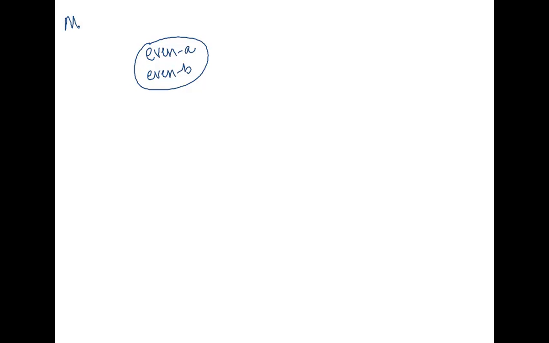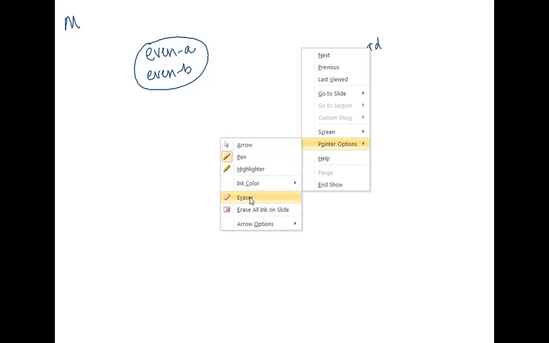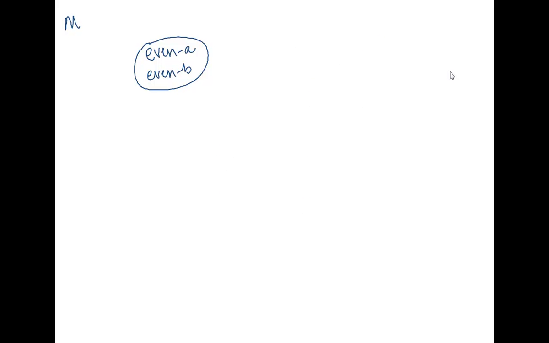Machine A also has a state called odd A. Okay, we also have a state called odd A in machine A, and let's pair that with even B.